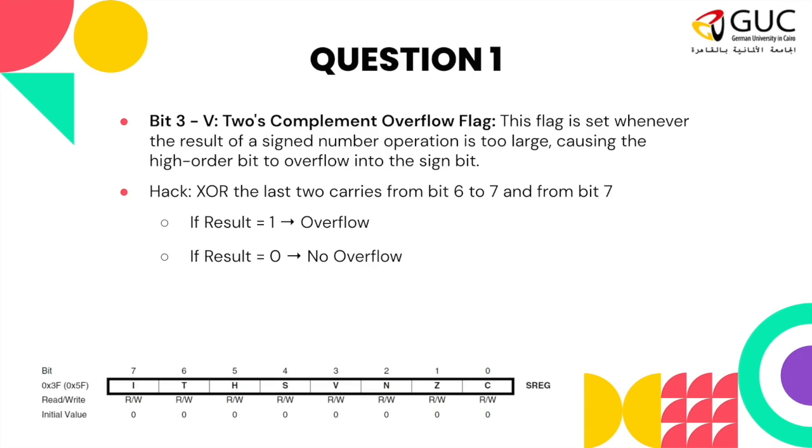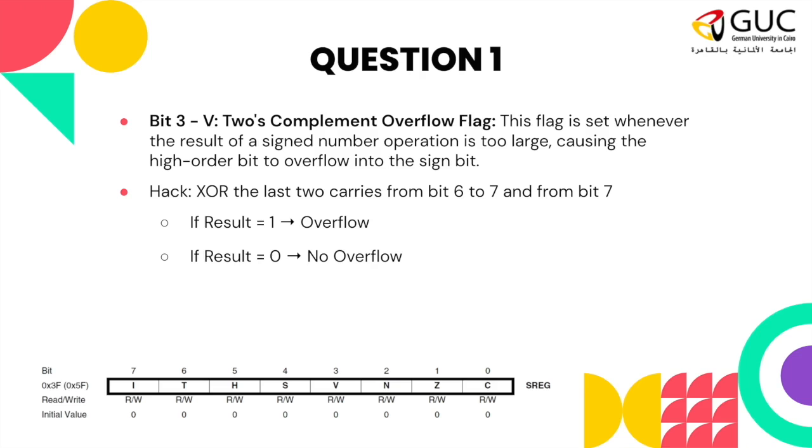So we have this quick hack: XOR the last 2 carries, the carry from bit 6 to bit 7 and the carry from bit 7 to the imaginary bit 8, which does not exist. If XORing the last 2 carries results in 1, we have an overflow and it will be stored in the overflow bit. However, if the result is 0, we do not have any overflow.